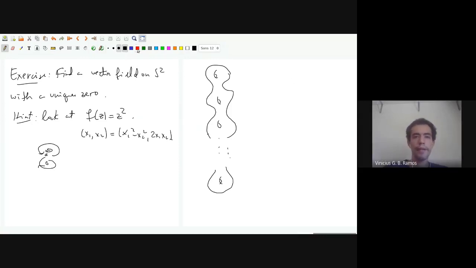Okay. And then I can do something similar. I can look at the gradient of the height function. When you look at the gradient of the height function, that will have some zeros. The maximum and the minimum, of course, but then for each of these holes, you actually have two saddle points here.